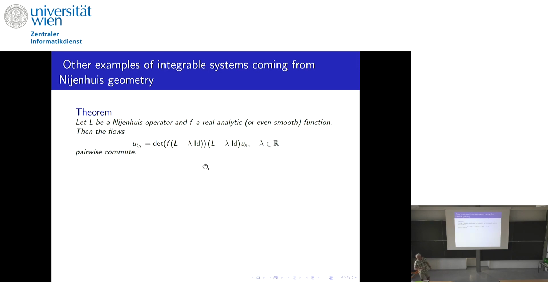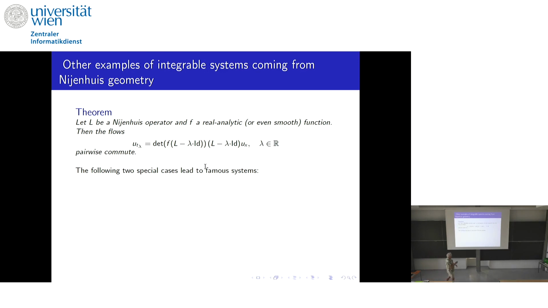Sorry, not choosing any function f. These operators do not commute for different functions f, so what I said is wrong. But this is actually an equation for generic function f with infinitely many equations, because we can take the power series in different lambda.